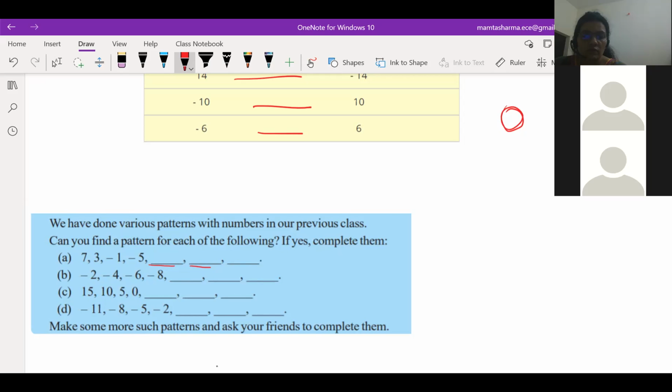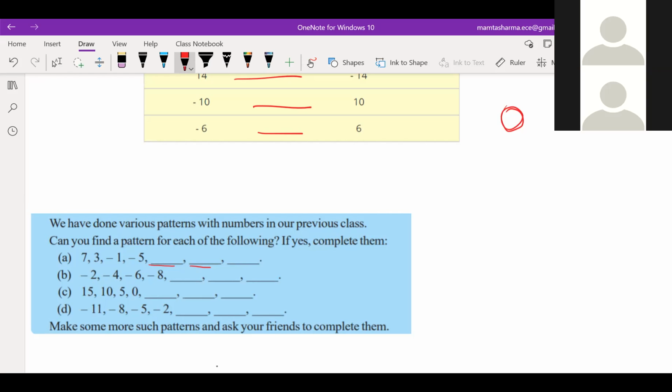Do all parts, A, B, C, D. Okay, 8 people have done. What about the others? Do it fast. 9 people have done. Okay, great.